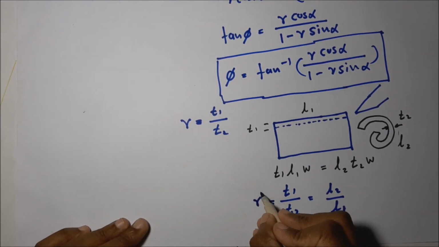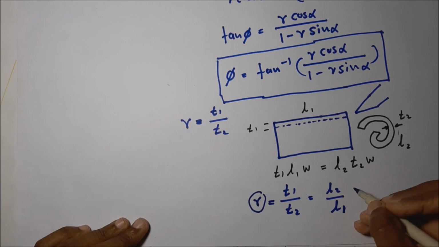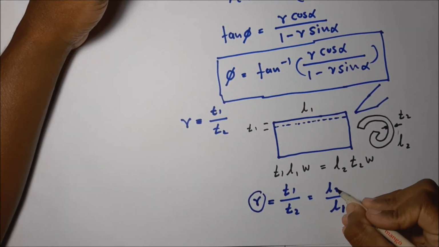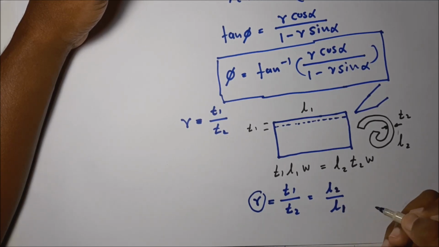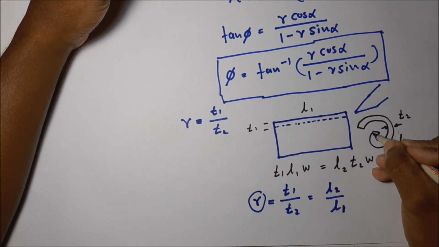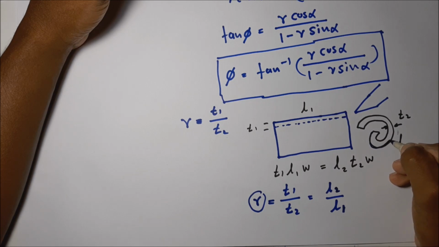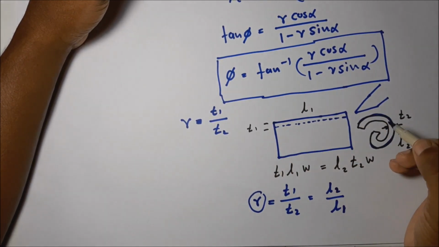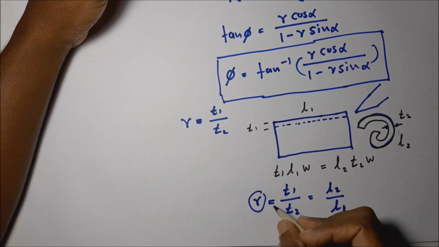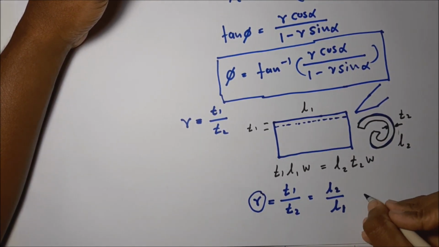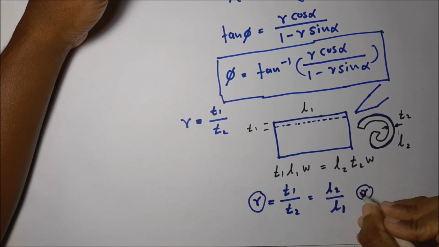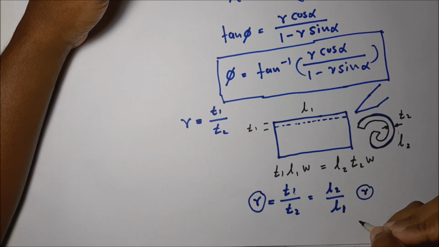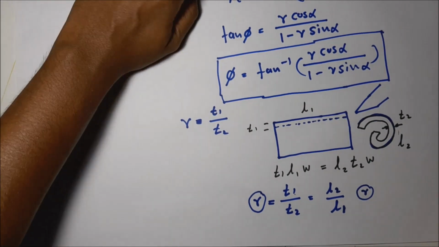So we can calculate the chip thickness ratio by dividing L2 by L1. L2 we can easily measure by measuring the length of the removed chip, and L1 also we can easily measure with greater accuracy. So then r we can determine with very high accuracy compared to taking the thickness ratio, by taking this length ratio. Okay.